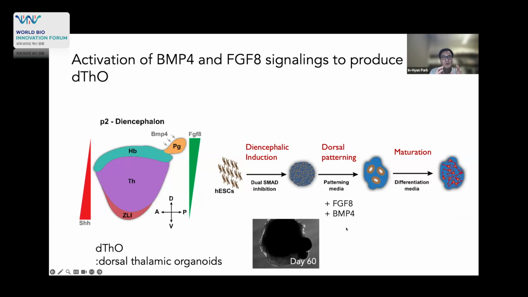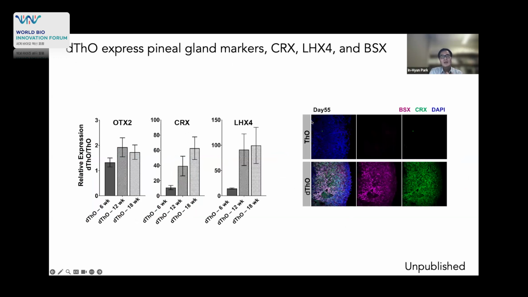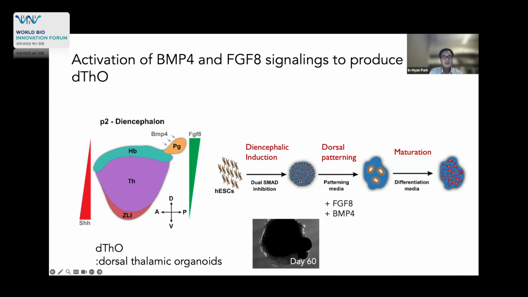We produced the organoid and simply named it the dorsal thalamic organoid, assuming that BMP4 and FGF8 induced dorsalization. Very interestingly, and I haven't introduced this, in the dorsal part of the thalamus there are two main areas, named the habenula and the pineal gland.